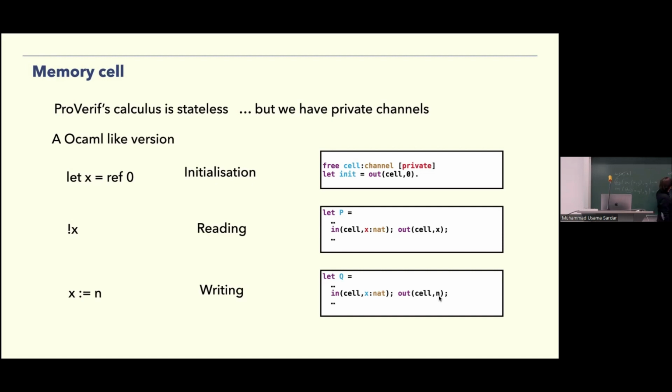So let's say that the communication is done with this one. At this moment, this disappears and X becomes 0. So now it remains a process where you have output cell N2, and here you have again input cell X and input cell N1.